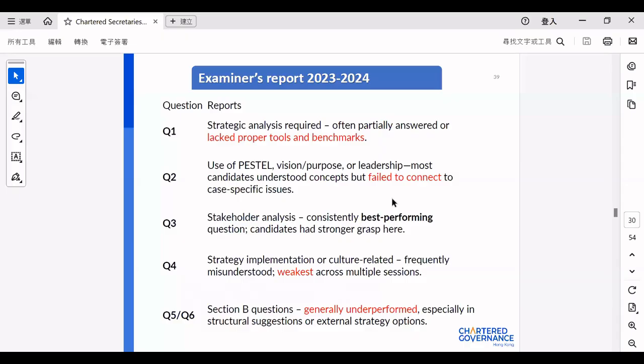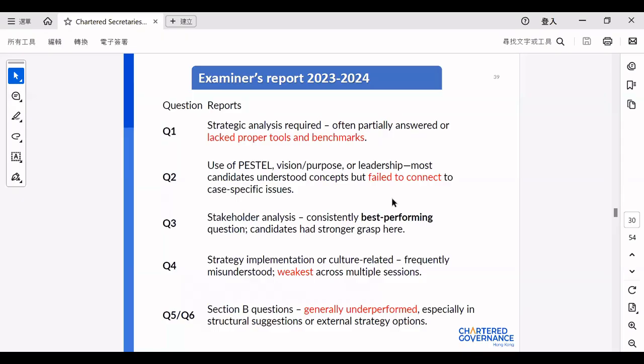Now, turning back, we look at some of the comments from the examiners in the examiner's report. For question 1, it says strategic analysis required, often partially answered, or lack of proper tools or benchmark.